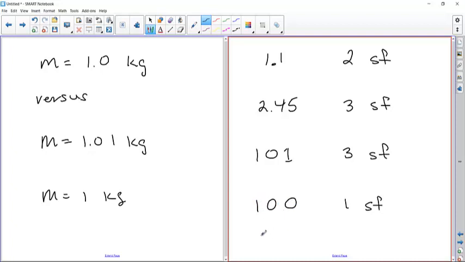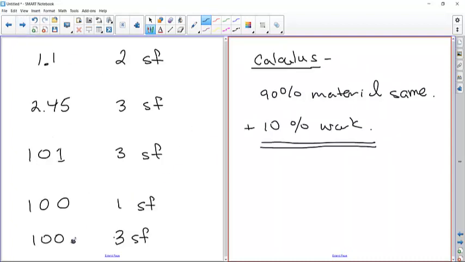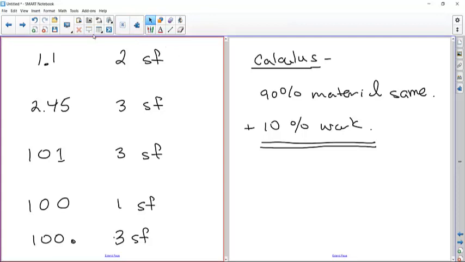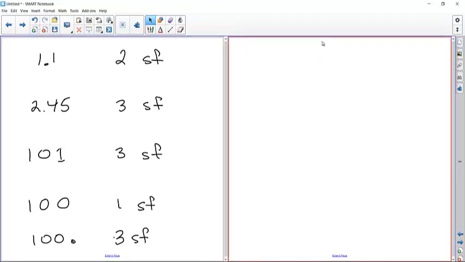Now if I did 100 point, put a decimal point there, that would now become 3 significant figures. By putting that decimal point there, I have said that these zeros are significant. So it's a more accurate result. If I did 100.0, that would be 4 significant figures.